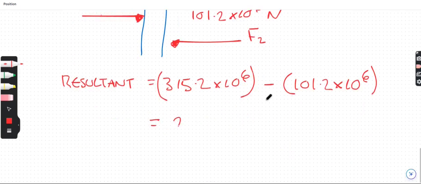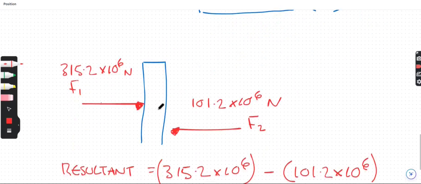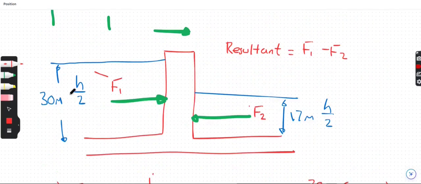Whatever that is, it's 214 times 10 to the 6 newtons, which is 214 meganewtons, and it's trying to push it that way, innit? It's going that way because F1's bigger, more water behind it, which means all of that 30 meters of water is going to beat that 17 meters of water.